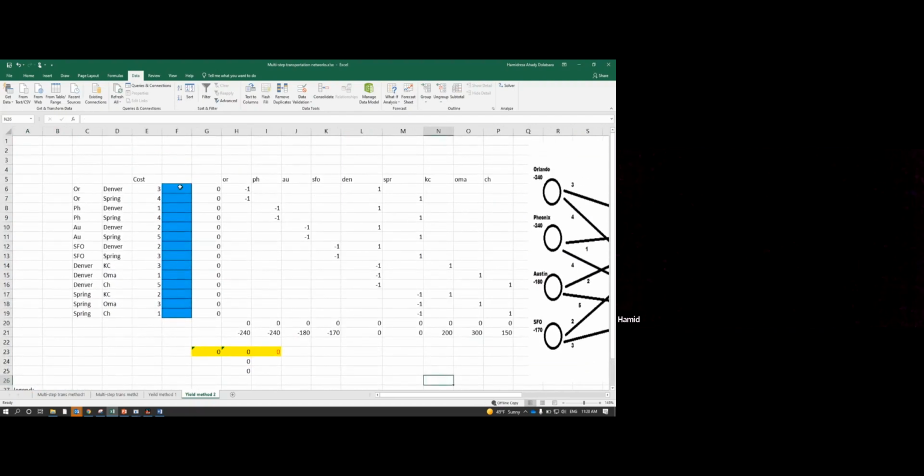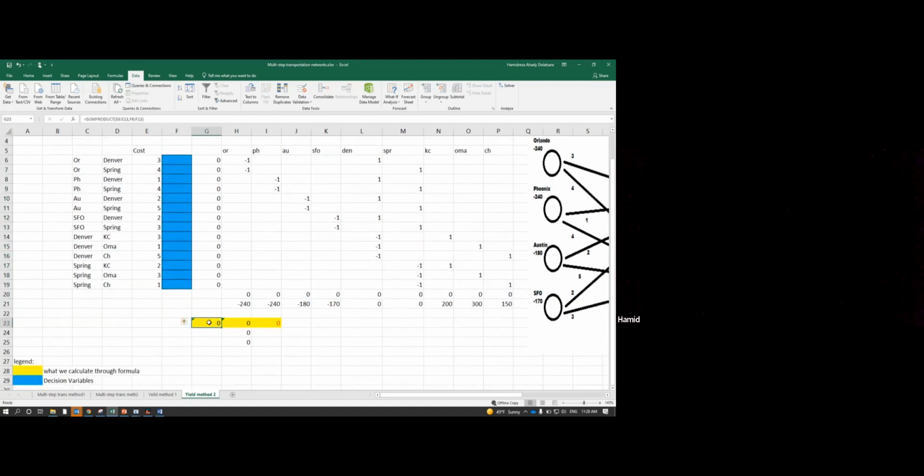So in this approach, the blue cells still have the role of decision variables, and the yellow cells are just for calculations. And here I just use them for finding the cost from origin to the warehouse plus warehouse to the demand points.